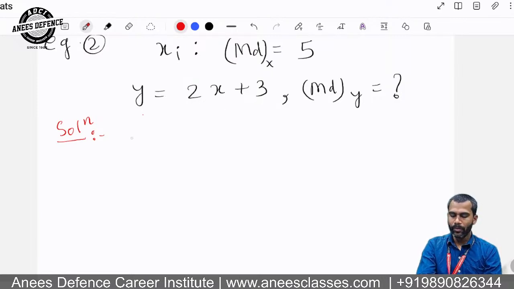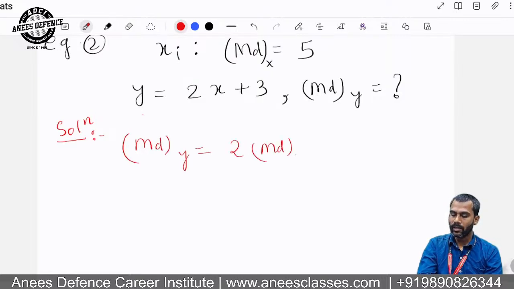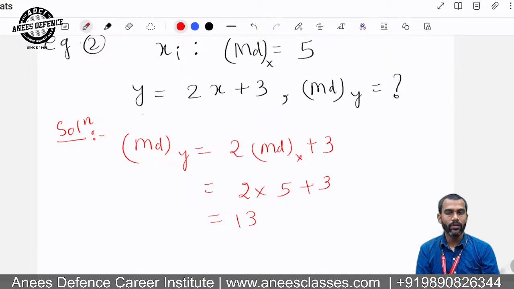So median of y would be equal to 2 times median of x plus 3. Simple. So 2 times 5 plus 3. Answer is 13. Is there any doubt? So median of y is 13.